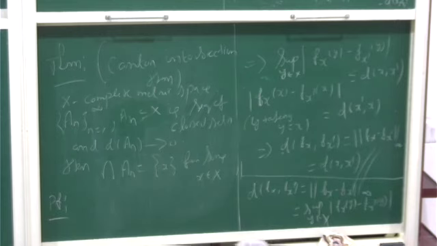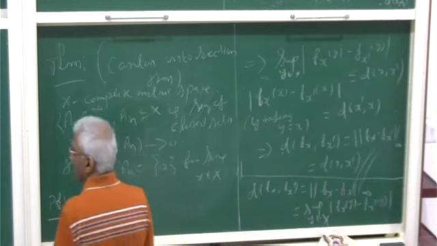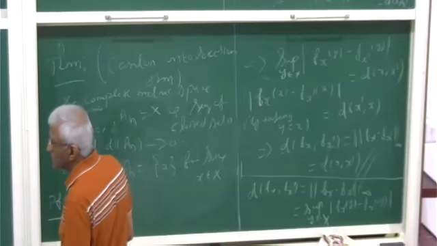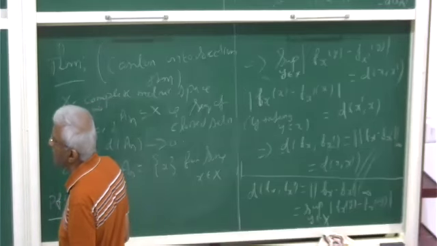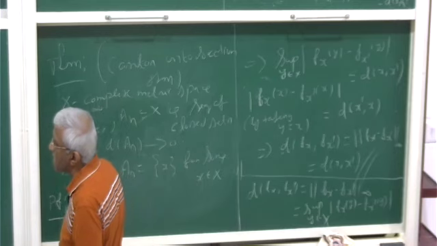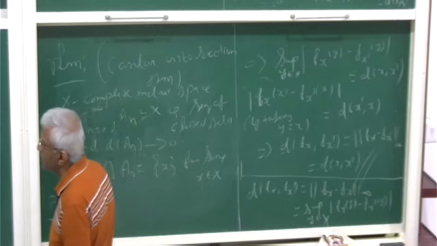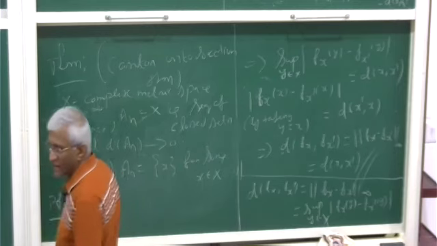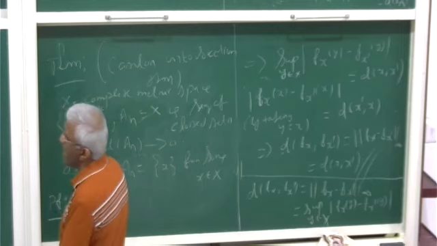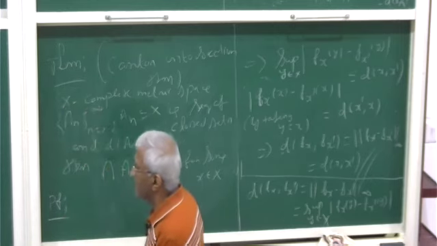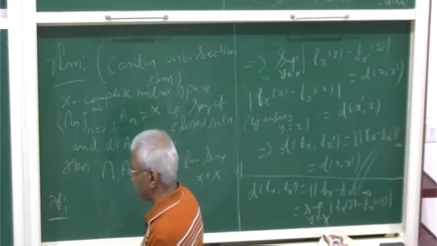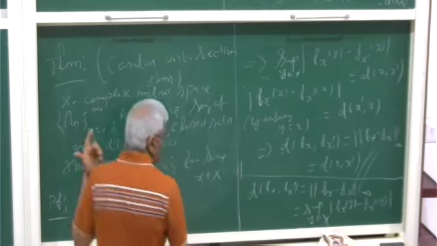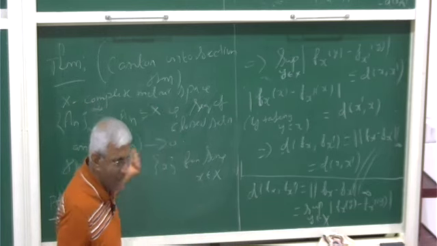Yeah, it has to be decreasing. I'm sorry, I forgot, there it is also needed. But there, for the singleton part, you don't need it. We didn't use it, right? Here it is needed.